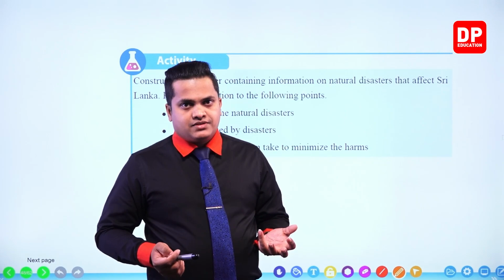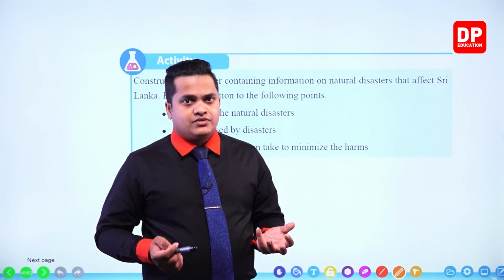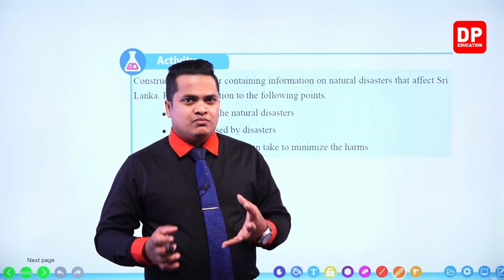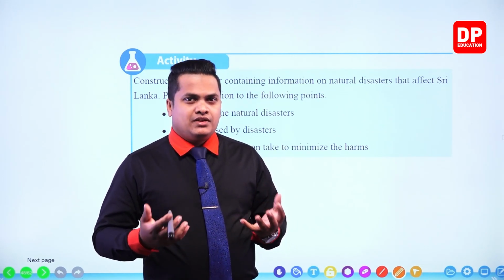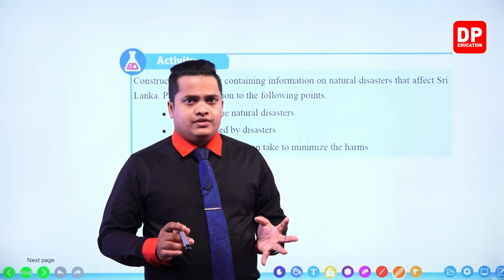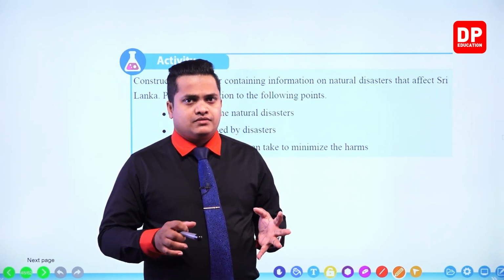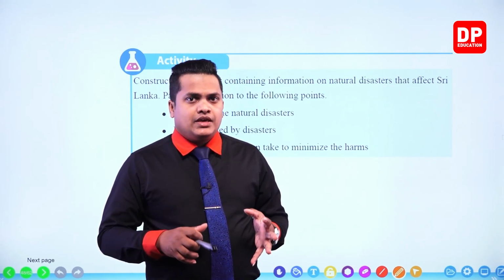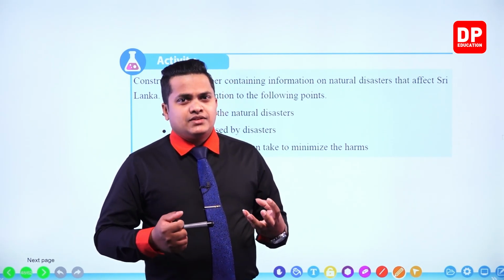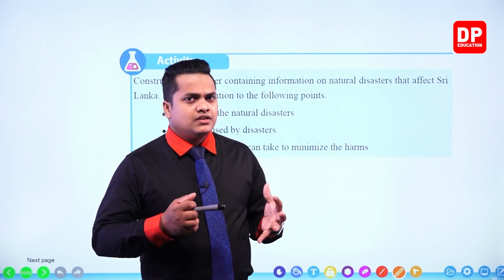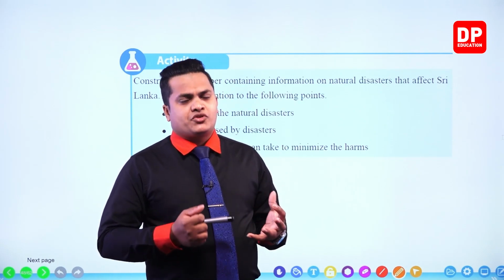Then tsunami waves, right? That is also a natural disaster. Not that often, but however, it can happen. Cyclones are somewhat often in Sri Lanka. So these 5 natural disasters are somewhat familiar to Sri Lanka.